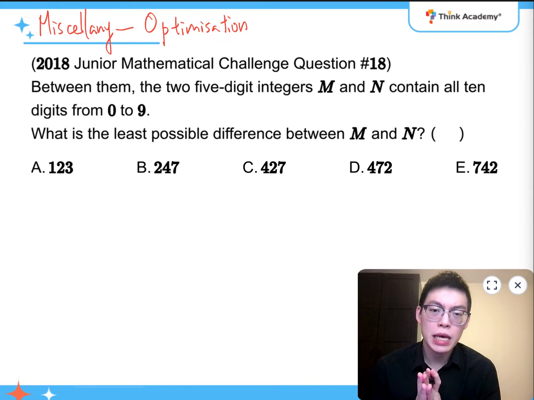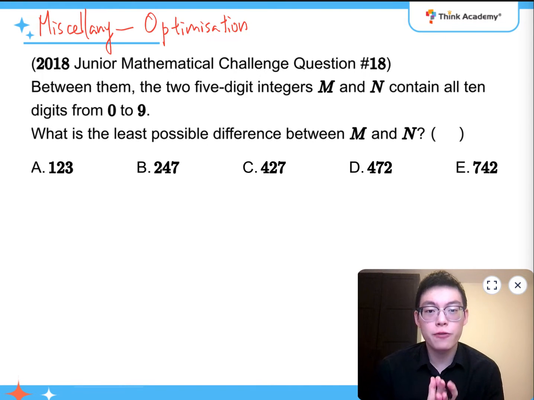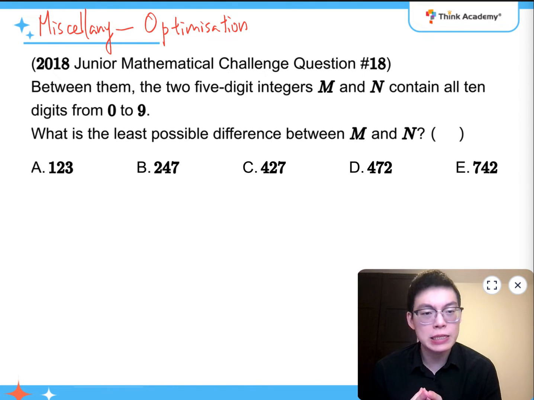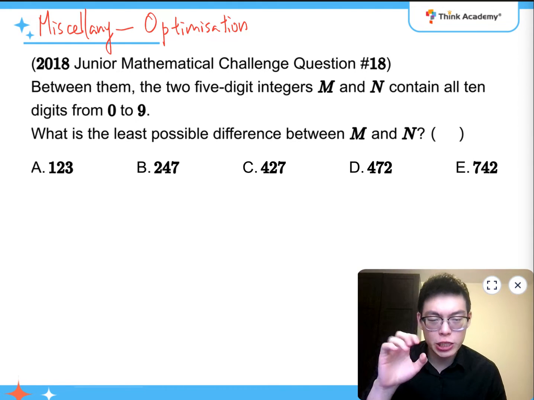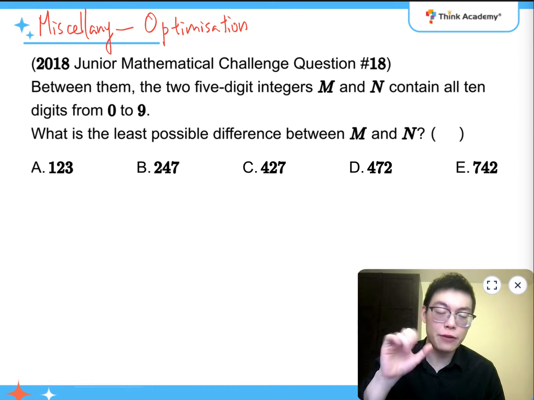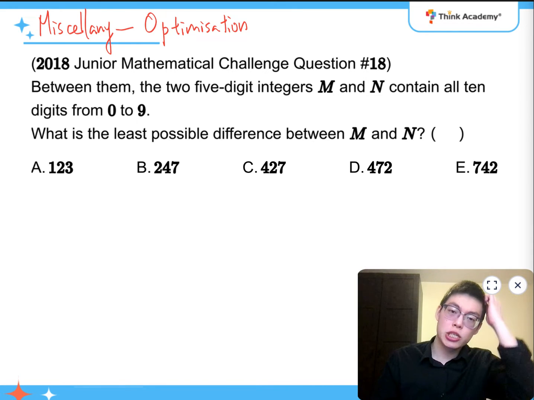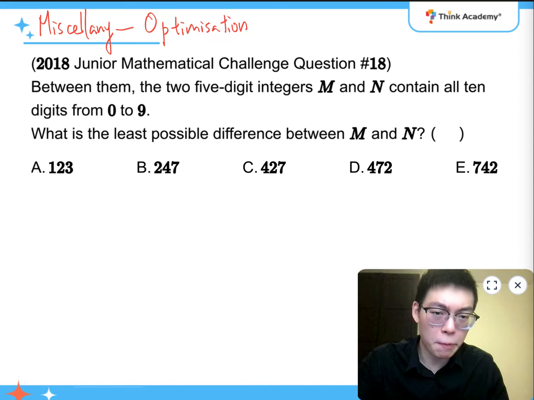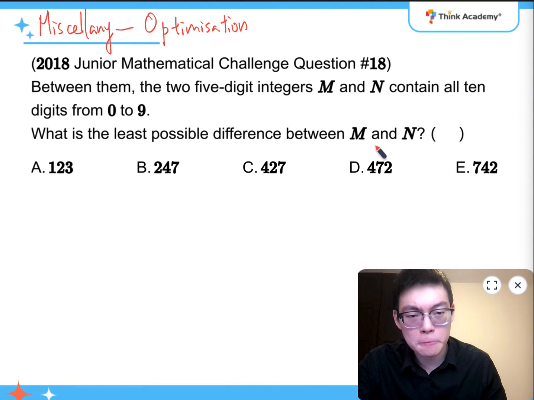So, it says that between them, the 2 5-digit integers m and n contain all 10 digits from 0 to 9, which means that I'm using 5 of the digits in M and the 5 other digits in N. So what is the least possible difference between M and N?